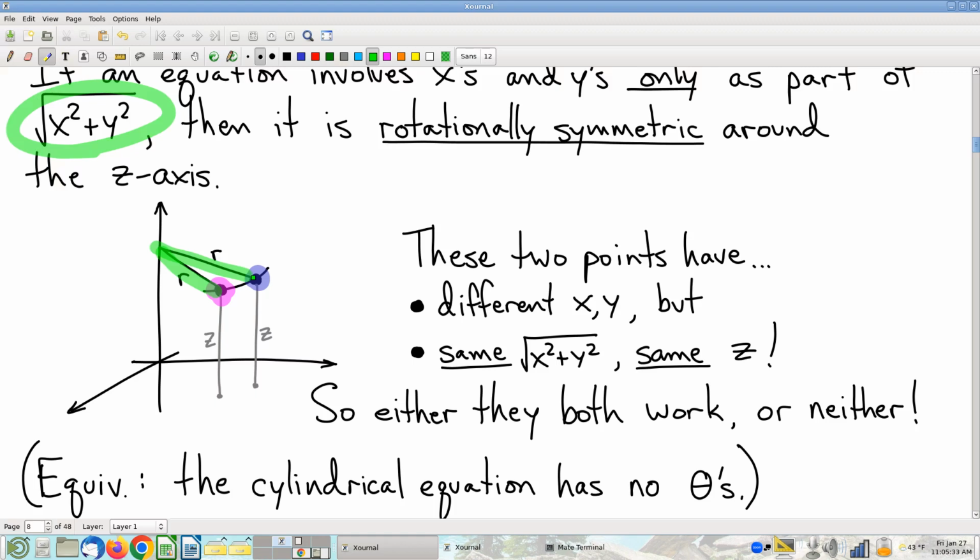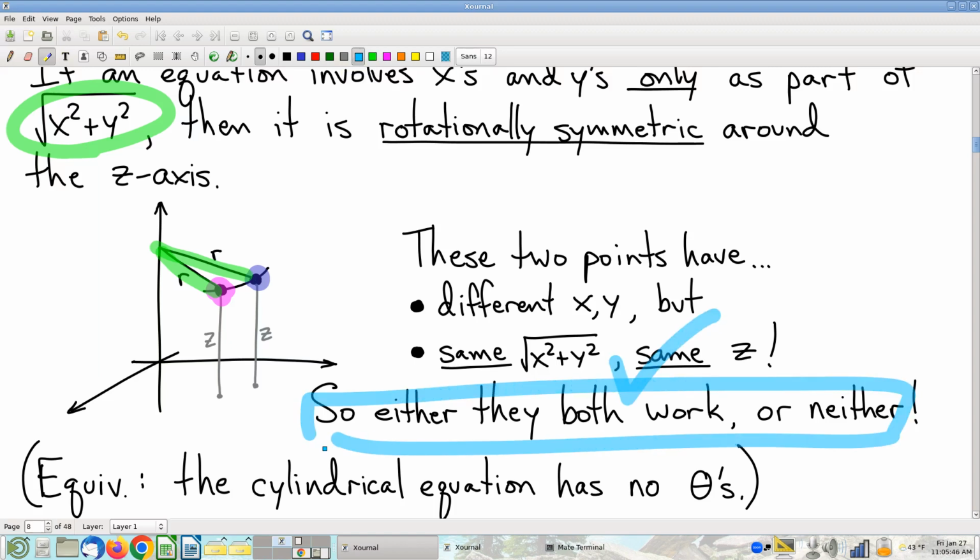And that's the only way x's and y's show up. They also have the same z coordinate because they're rotations of each other. And so these 2 points are going to do the exact same thing in the algebra. Even though they're different points, they will perform identically in the equations. And so they're either both on my surface or neither is on my surface.